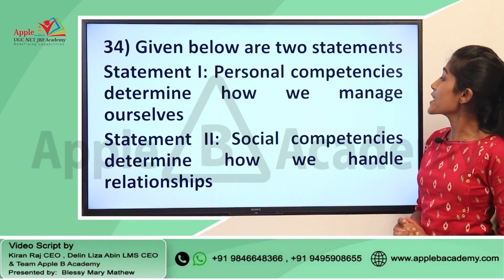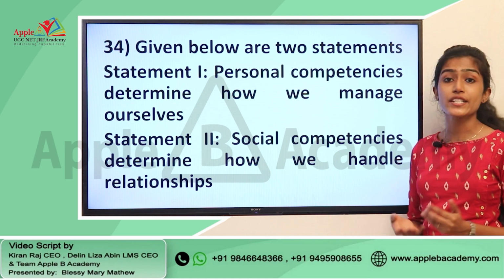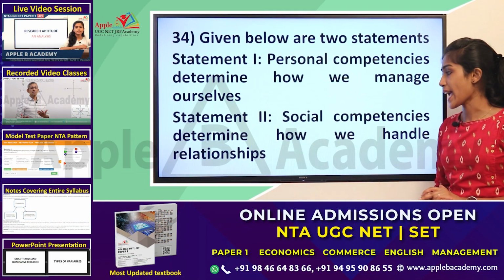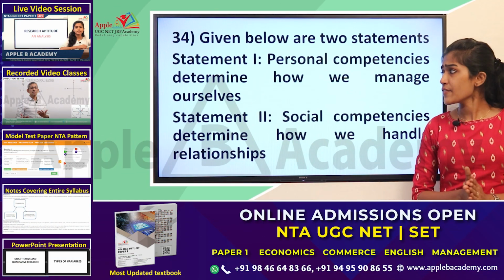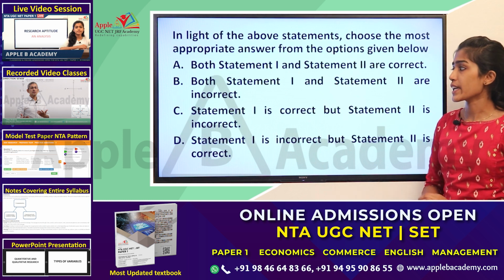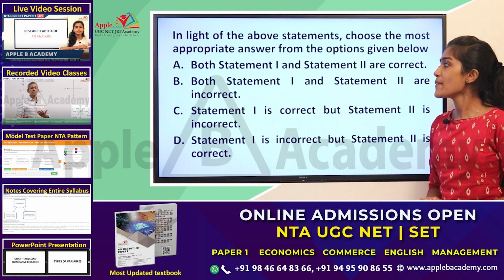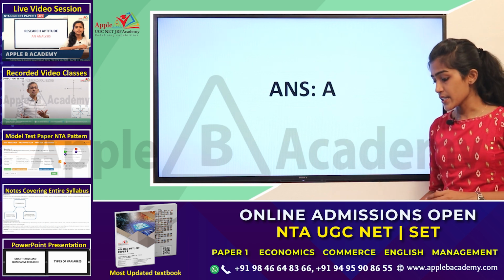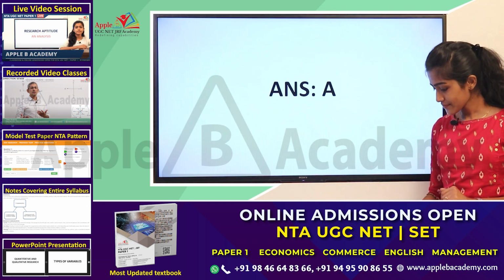So, it says that personal competencies determine how we manage ourselves, and statement 2 says social competencies determine how we handle relationships. So, anyway, both the statements are true or correct. So, if you consider the options, we can take option A. Both statement 1 and statement 2 are correct. So, the right answer for this question is option A.